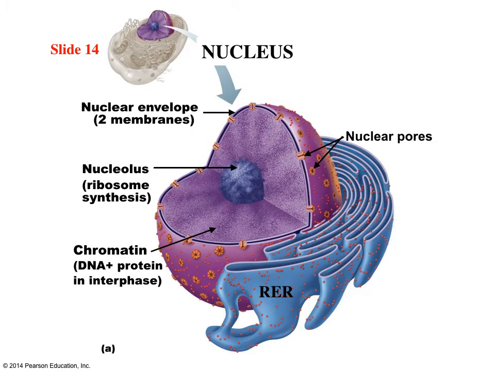Nucleus. The nucleus is protected by two membranes. Together, they are referred to as the nuclear envelope, which has tiny little pores for things to get in and out of.